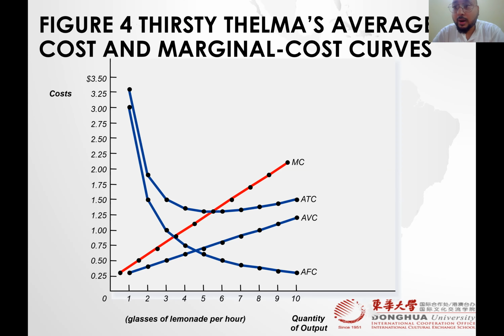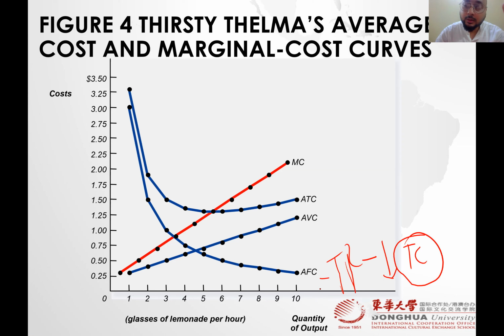The answer is to understand the behavior, because we talked about categorizing our cost on the basis of behavior. And why are we doing that? In order to understand how we can minimize our total cost. If we minimize our total cost, then our profit is going to increase, right?